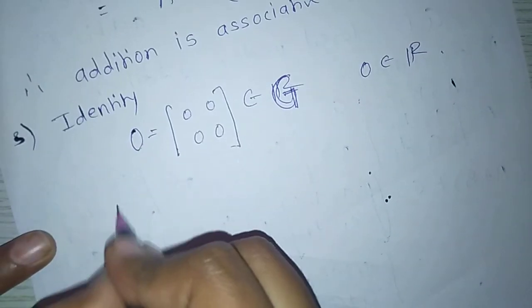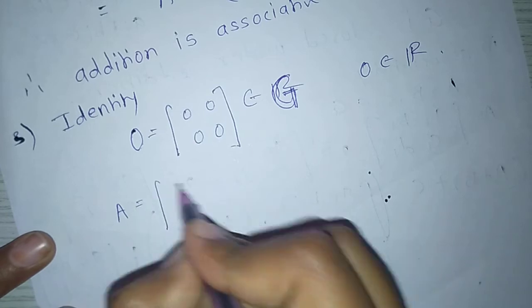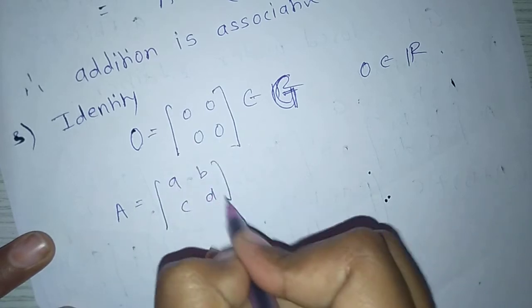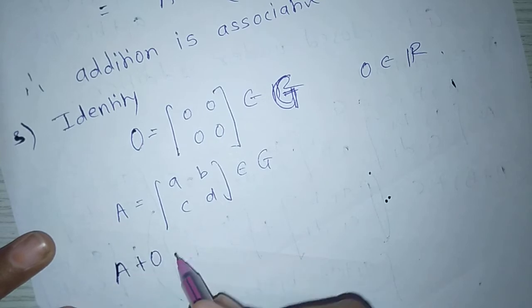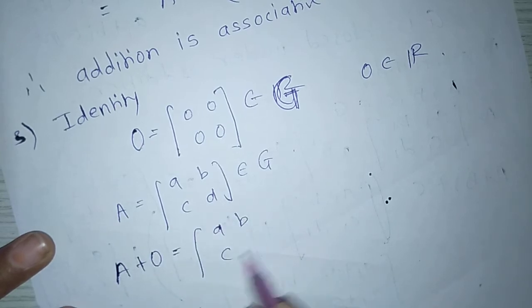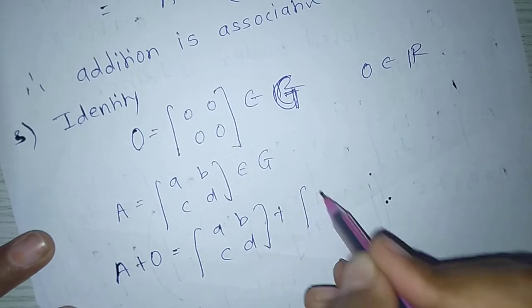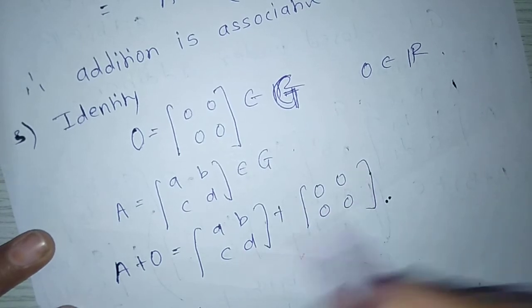Take A belongs to G, A equal to a, b, c, d belongs to G. A plus O equal to a, b, c, d plus 0, 0, 0, 0.